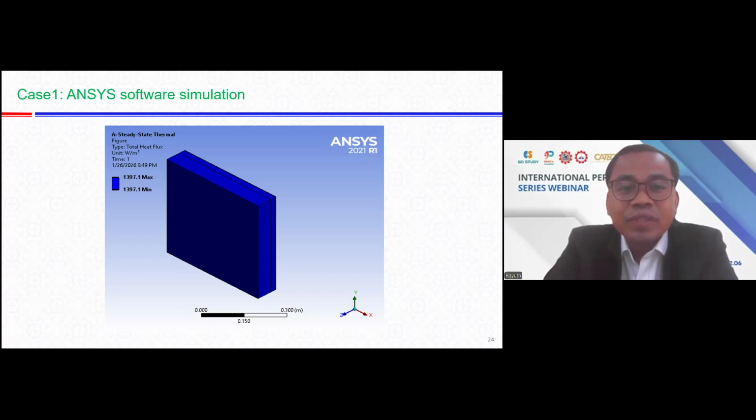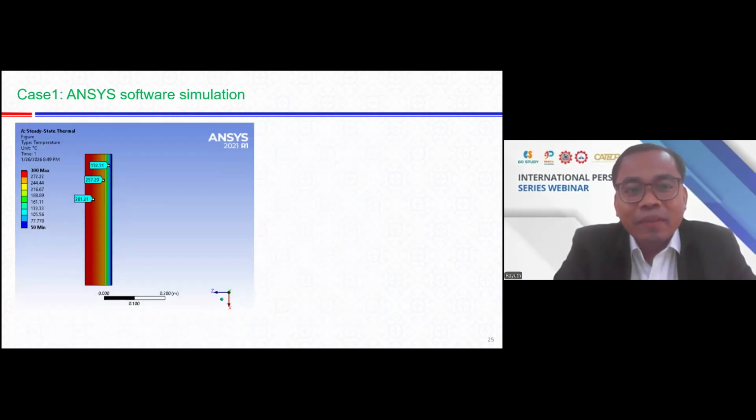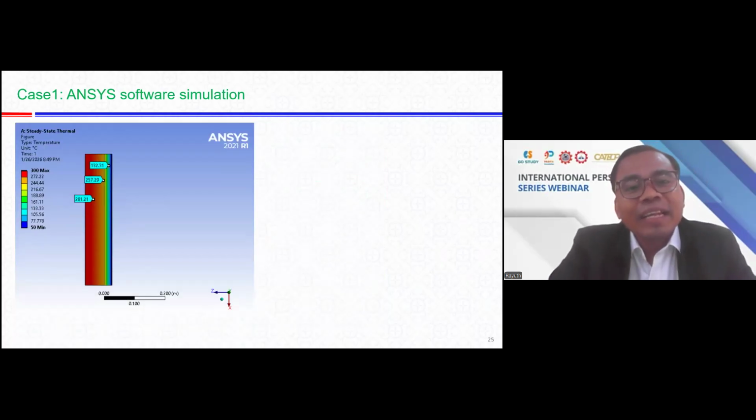I choose thermal steady state, and then set up the data from the hot temperature to the low temperature. As you see on the slide, the low temperature is 50 degrees Celsius minimum, and the maximum is 300.